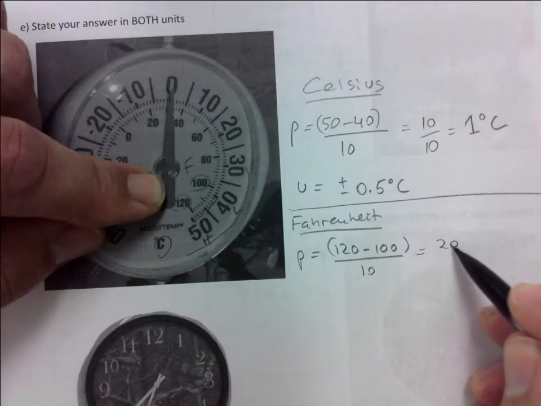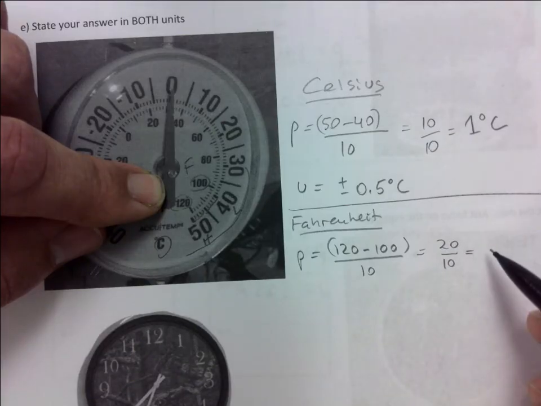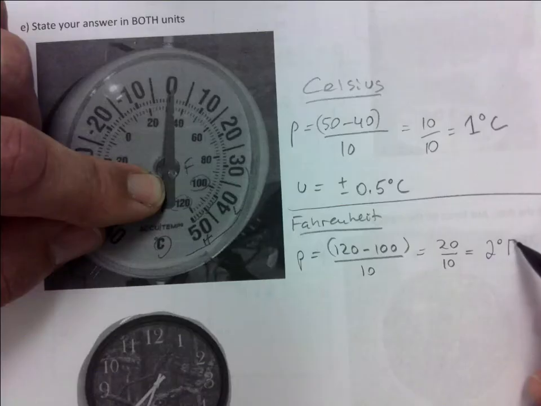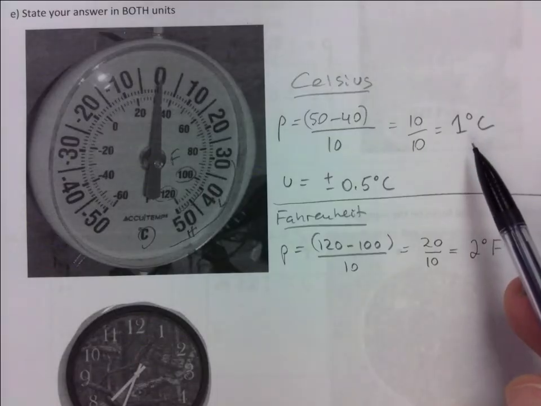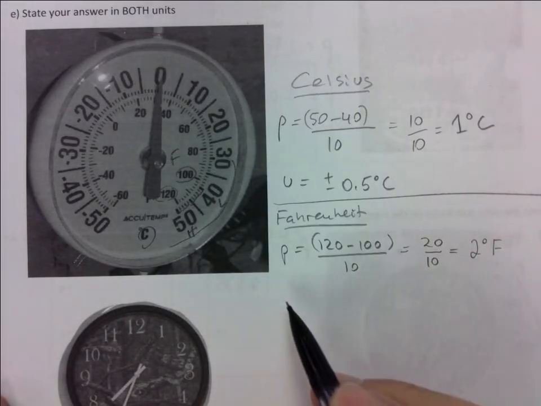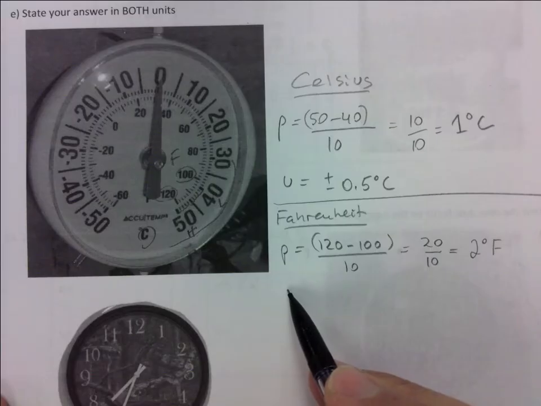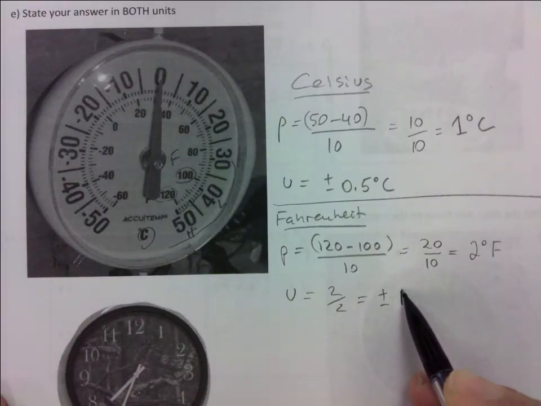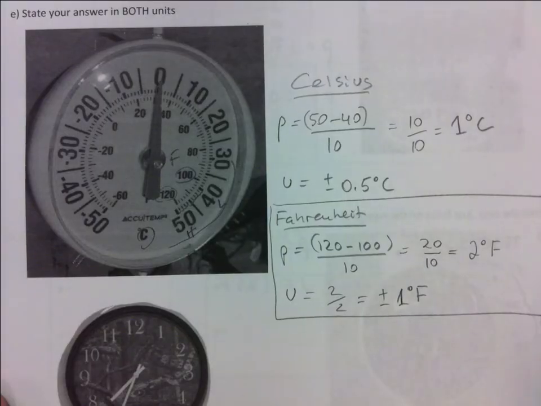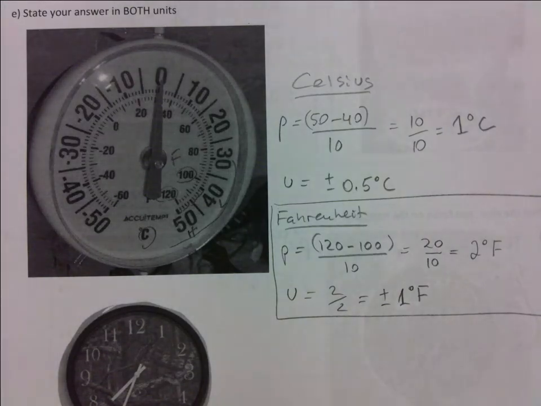That is 20 divided by 10, which is 2 degrees Fahrenheit. So this thing goes up by 2 degrees Fahrenheit every time if you want to talk Fahrenheit, or 1 degree Celsius if you want to go Celsius. Uncertainty is 2 divided by 2, so it'll be plus or minus 1 degree Fahrenheit in this case. So we've got Celsius and Fahrenheit back to back.